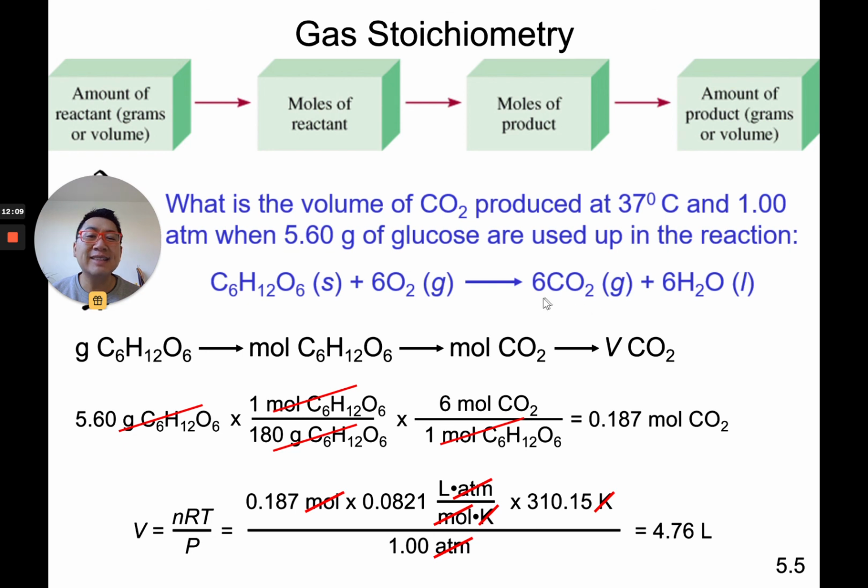And that's the gas you would be exhaling. So if you ate 5.6 grams of glucose for your body to metabolize it, using the oxygen that you're breathing, you would give off 4.76 liters of carbon dioxide as you're breathing. So that's kind of a real example of where gas laws and gas stoichiometry is used.